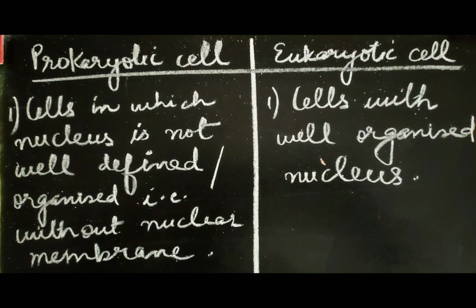The first difference, as we discussed, cells in which nucleus is not well defined, or you can say is not well organized. That is, the nucleus is without the nuclear membrane. Whereas in case of eukaryotic cell, the nucleus is well defined and well organized, and the nucleus is bound by a nuclear membrane.